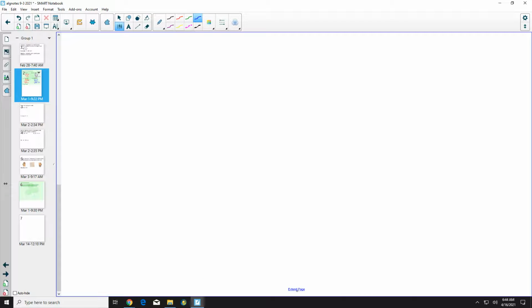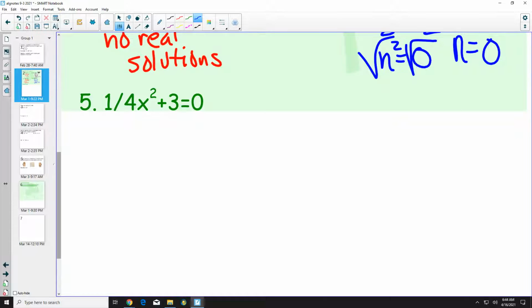All right, look at number 5. In your notes, write 1/4 x squared plus 3 equals 0. Okay, so we need to get x squared by itself, so let's take away 3. And then we'll have 1/4 x squared equals negative 3.